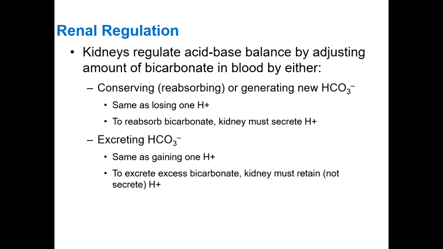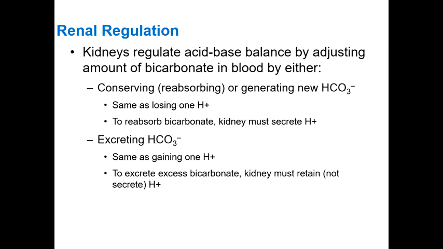So when the kidneys reabsorb the bicarbonate ion, it's the same thing as losing a hydrogen ion, because to reabsorb a bicarbonate, the kidney has to secrete hydrogen ions. So secreting a hydrogen ion means there's less of them in our fluids, and thereby it will raise the pH because acids are being eliminated.